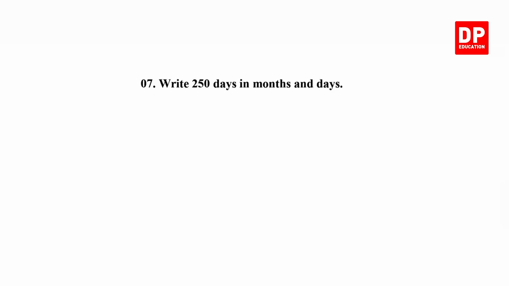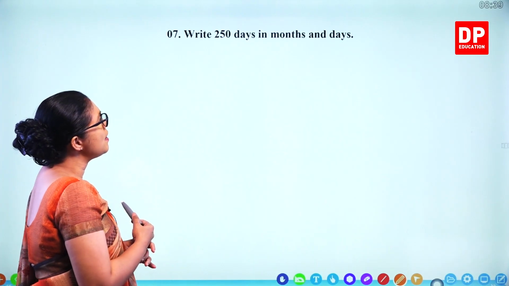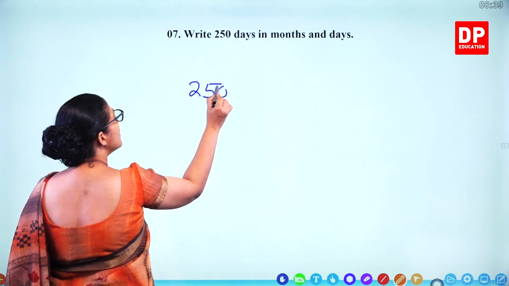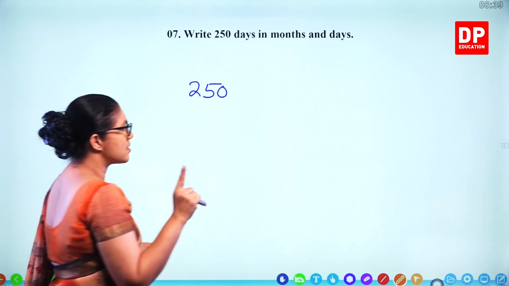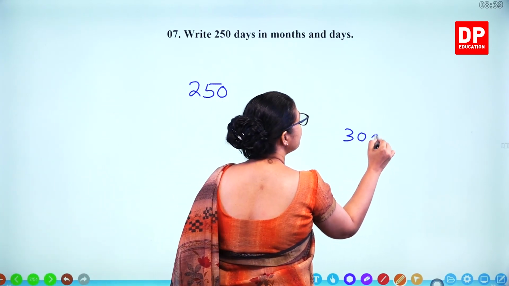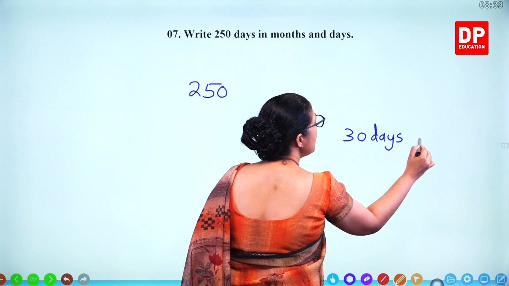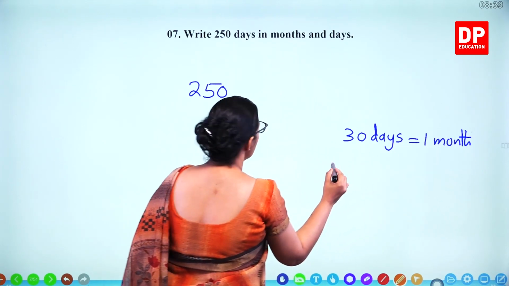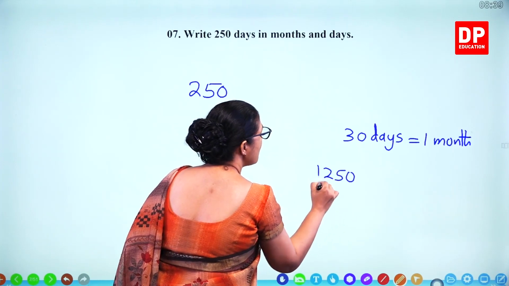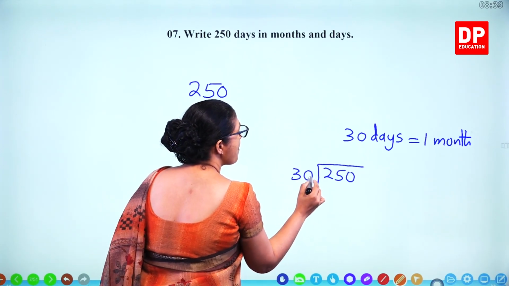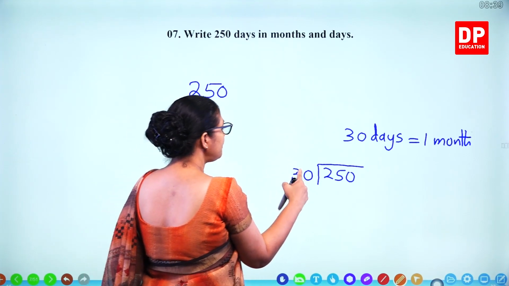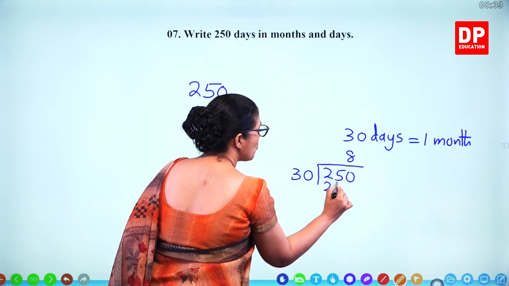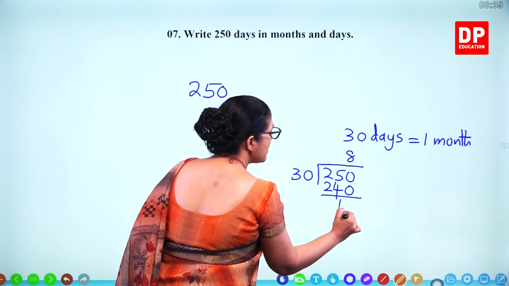Question number 7. Write 250 days in months and days. What's the relationship? We take 30 days as 1 month. So divide by 30. 250 divided by 30, you get 8, 240 and then 10 remaining.